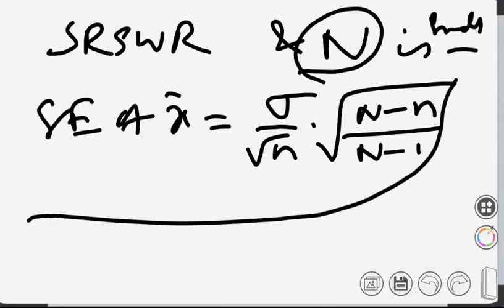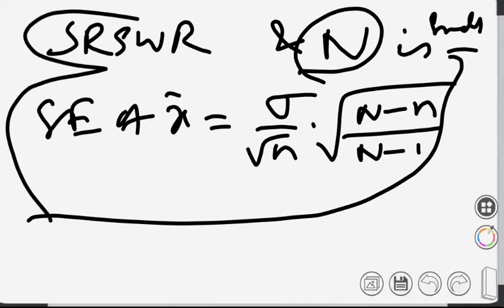So when n is large, we use the previous one; when n is small, we use this particular formula, for the standard error of x bar.